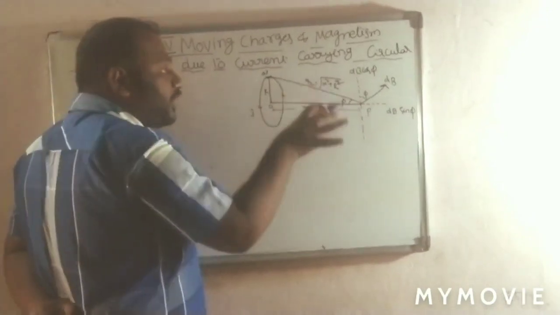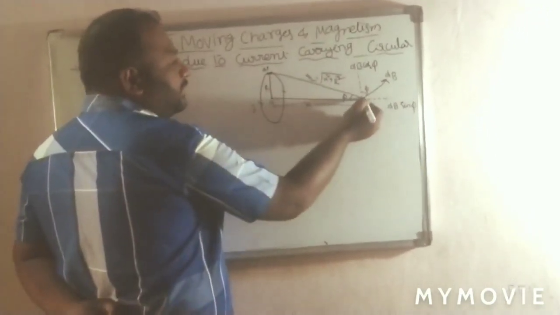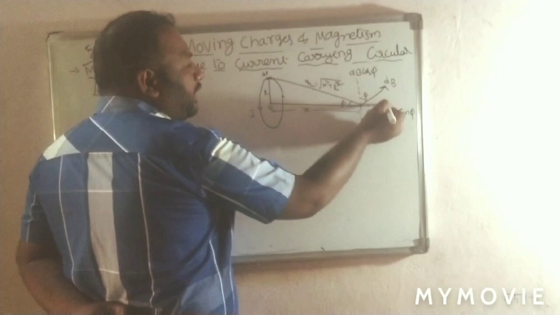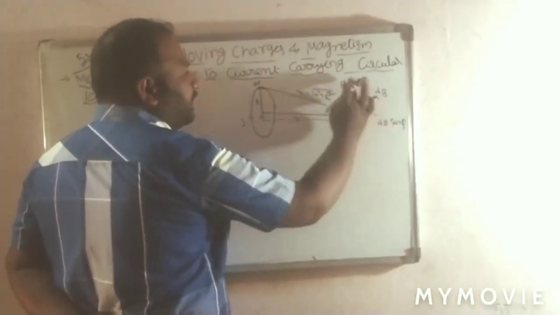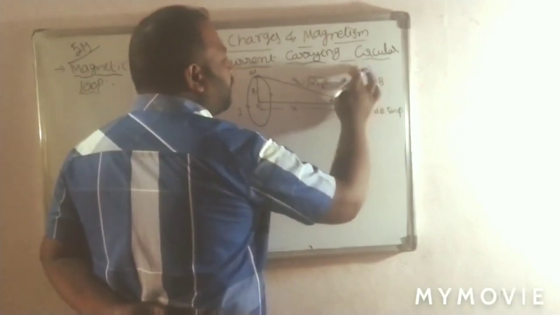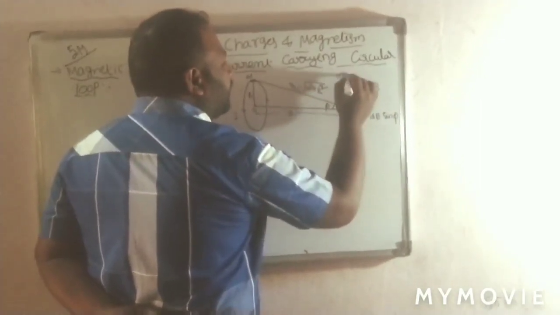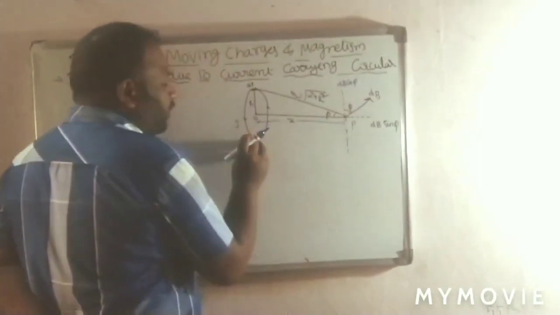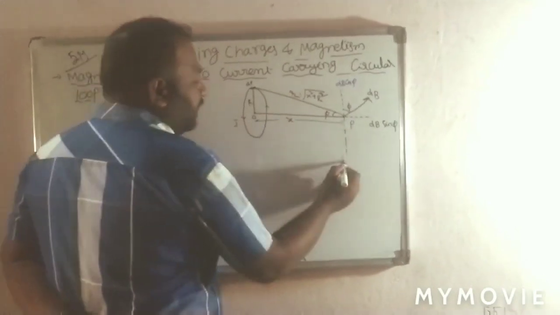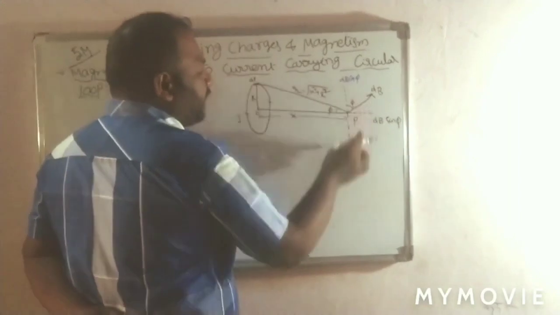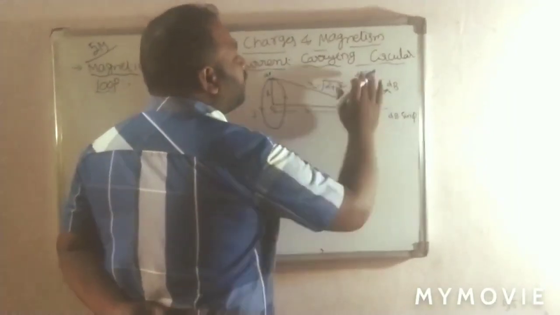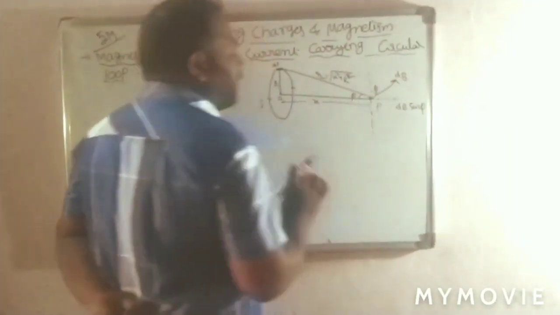And here I already told you that only the vertical components are cancelled and the horizontal components are present. So the dB cos phi components are cancelled. Here is dB cos phi, and due to the opposite current element, here also is another dB cos phi. These two are cancelled, so no need to consider this dB cos phi.